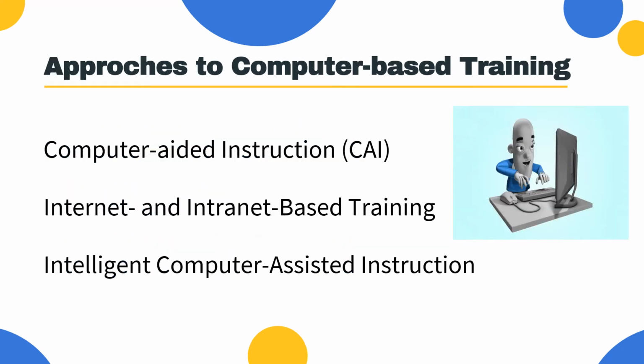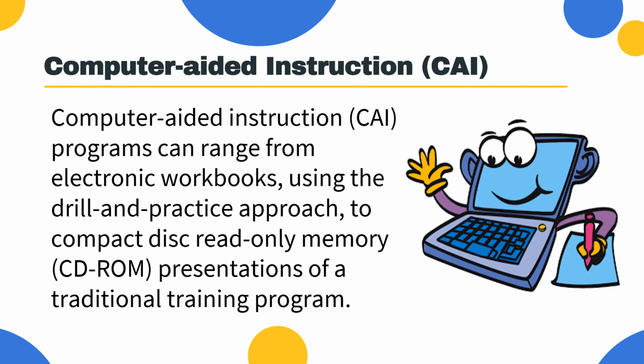There are three approaches to CBT. First is computer-aided instruction or CAI, second is internet and intranet-based training, and third is intelligent computer-assisted instruction. So let's start with CAI. Computer-aided instruction programs can range from electronic workbooks using the drill and practice approach to compact disc read-only memory presentations of a traditional training program.